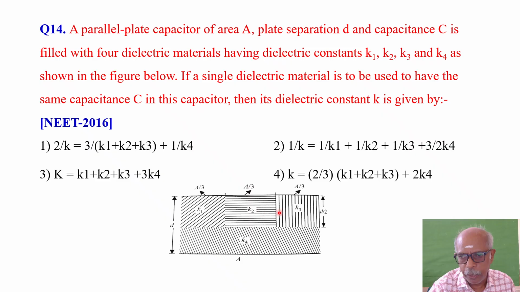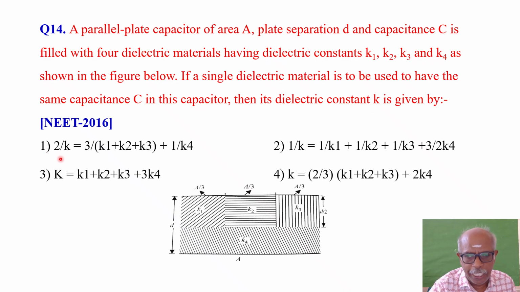If a single dielectric material is to be used to have the same capacitance C in this capacitor, then its dielectric constant K, instead of K1, K2, K3 and K4, you are using a single material with dielectric constant K. So for that purpose, its relation is given by 4 options.